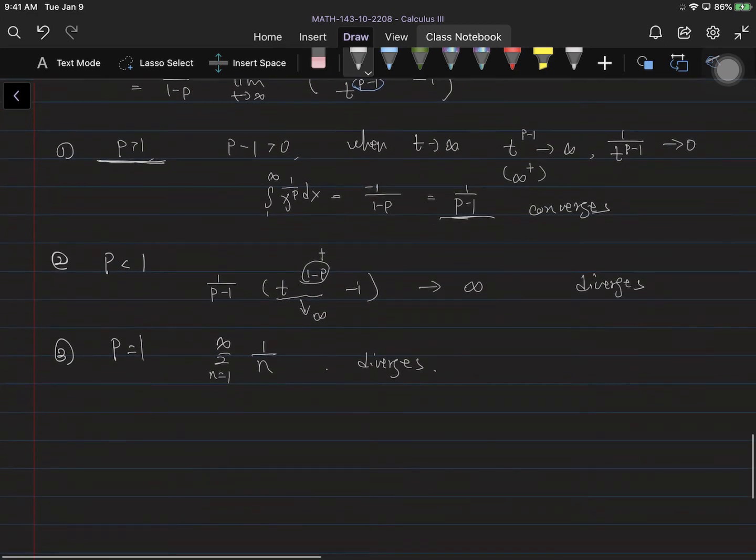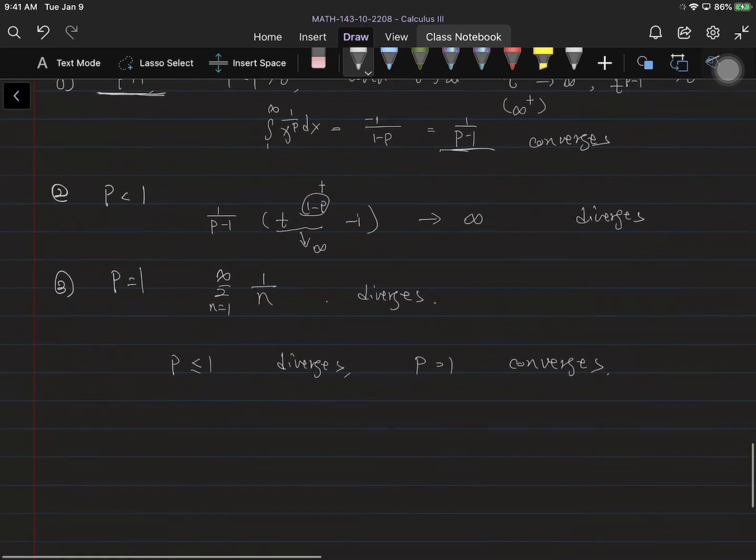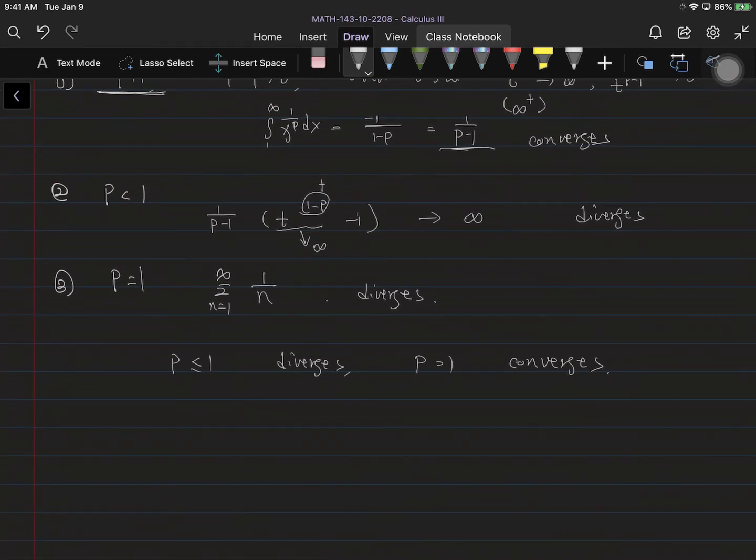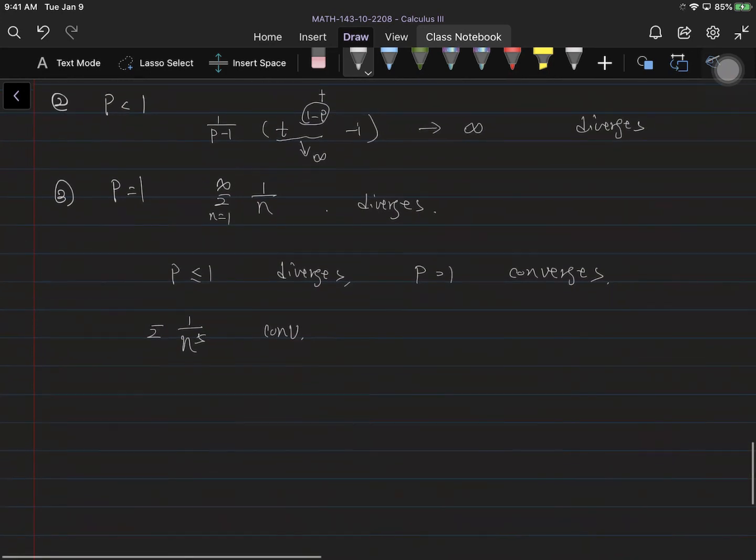So for the p series, when p is less than or equal to 1, it diverges. When p is greater than 1, it converges. Let's remember this conclusion. For example, right now, if we have something like this, it converges, because p is greater than 1.